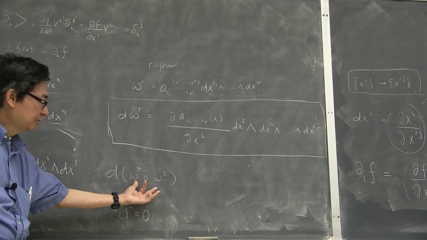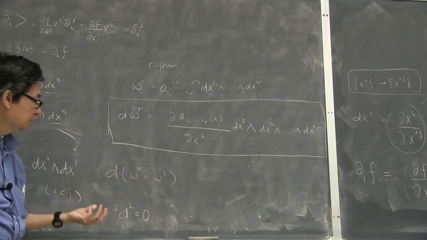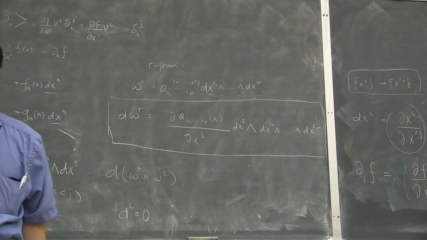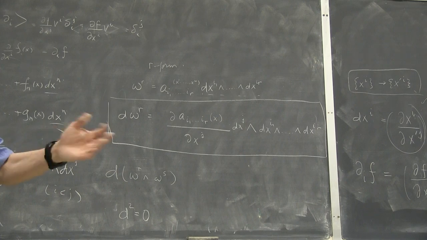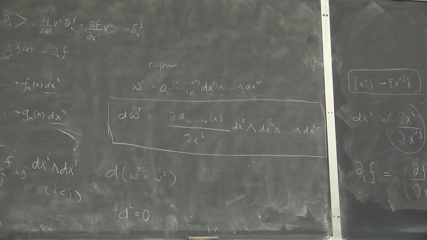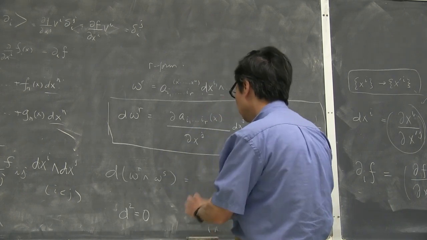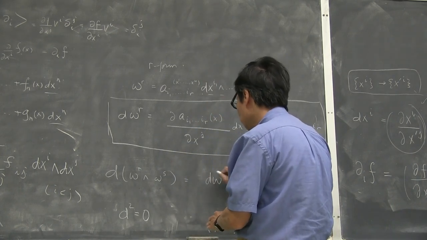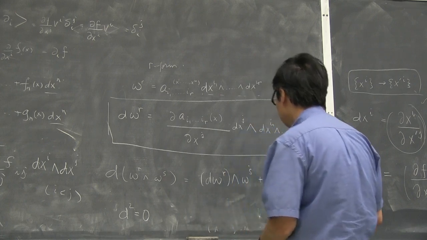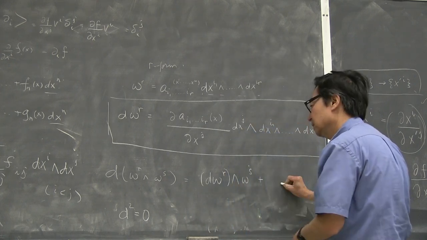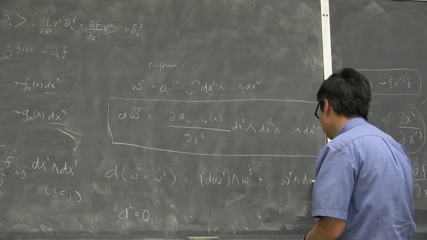Now this is obviously some kind of a product in here, the product being the exterior product. And then you would be tempted to say, oh, there must be some kind of Leibniz rule corresponding to the product rule for ordinary differentiation. So indeed there is. The rule is this. You differentiate the first one first, use it to wedge with the second one, and then you have the first one wedge with the derivative of the second one.